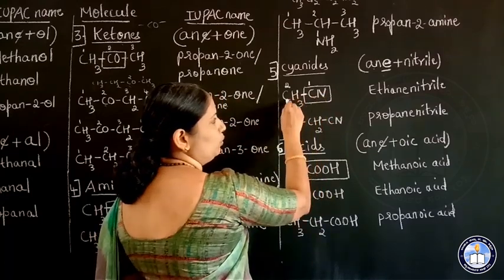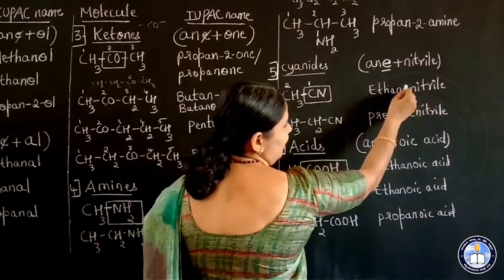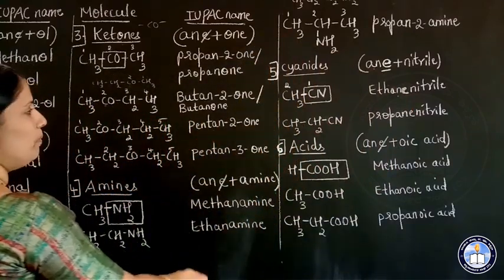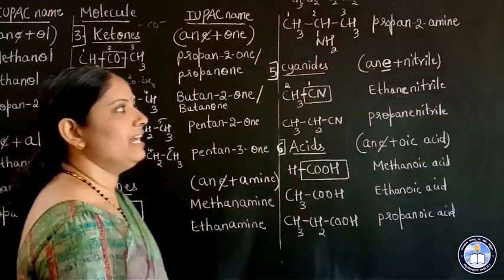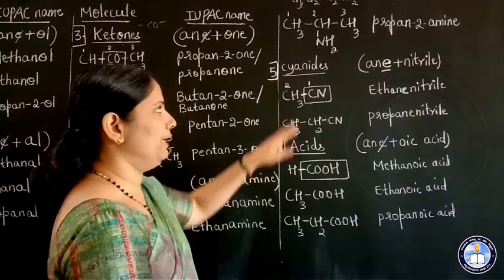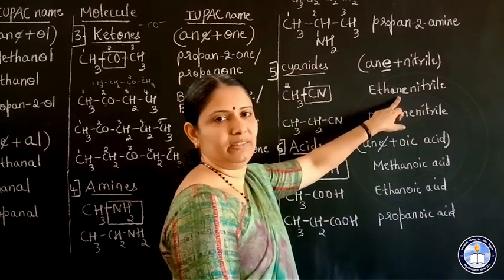So 1, 2. So ethane nitrile, E is maintained. In all the previous classes of compounds that I have discussed, E is replaced by the suffix of that particular functional group. But here in the cyanides, E is written.